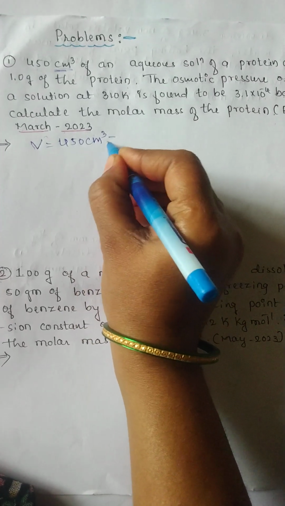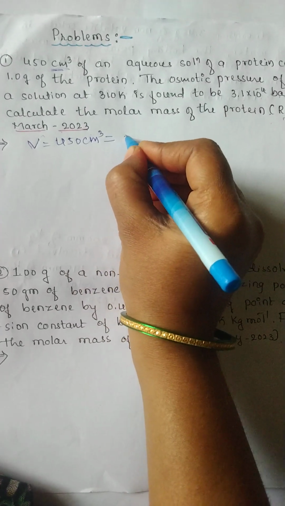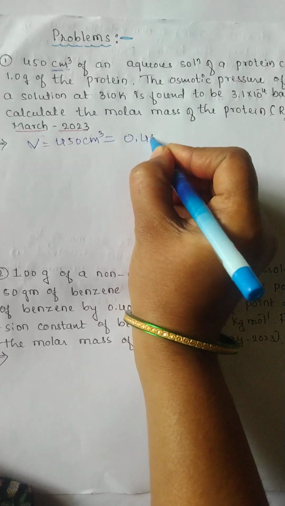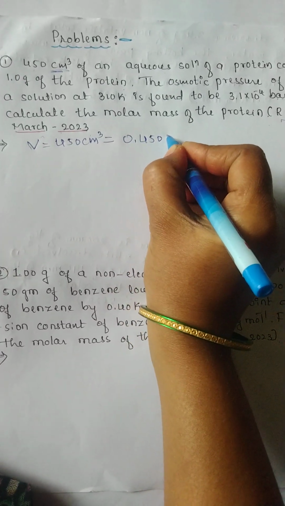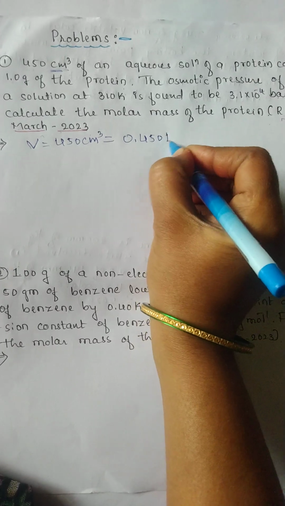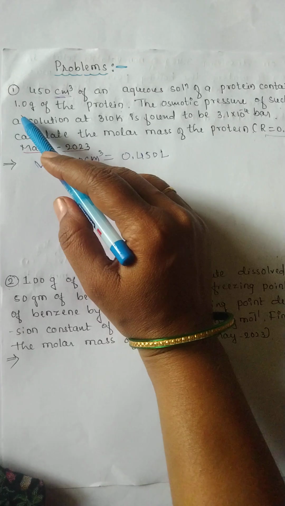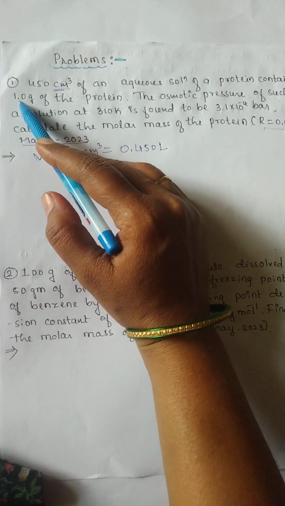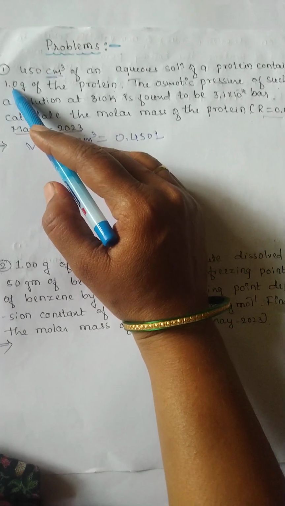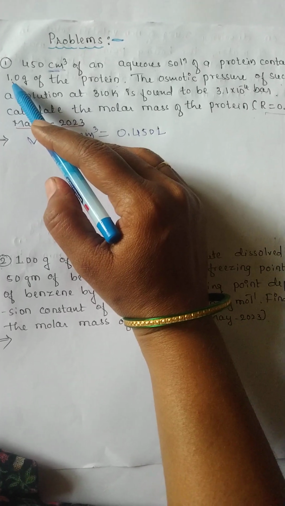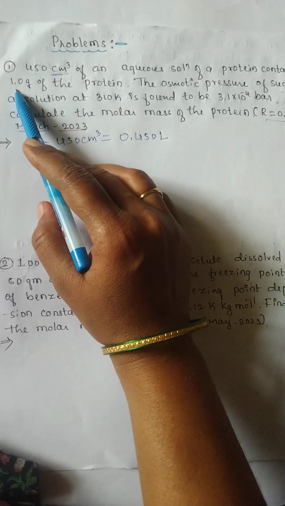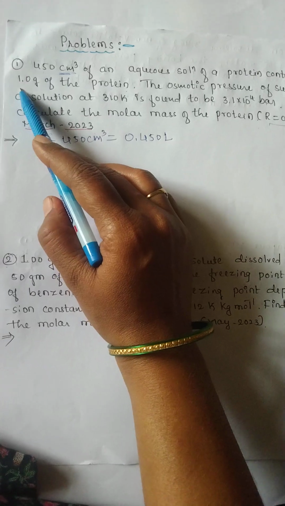We have to convert it into liters, so it becomes 0.450 liter. Then they have given W. You can take just W here, because they have not given any solvent.